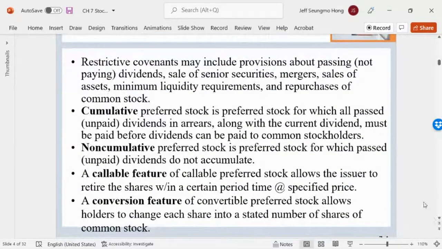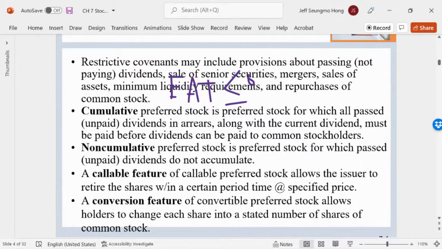Sometimes, think about it, although preferred stock pays a fixed dividend, it's not guaranteed. You have to have profit first, right? So in other words, if EAT is negative or zero, there is no way you can pay dividends, even on preferred stock.